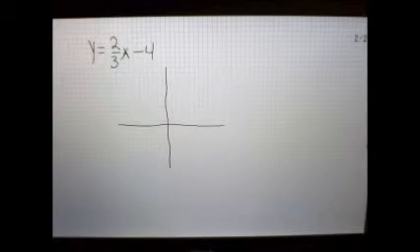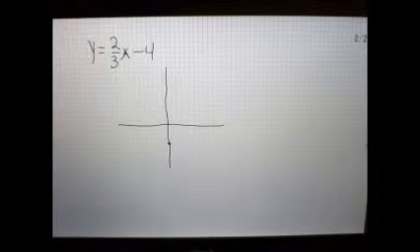The graph of the equation crosses the y-axis. We noted that it crosses the y-axis at -4, so if we go down 1, 2, 3, 4, we know that it would cross over at this point. The rise and the run are from the equation of 2/3 times x. Now it's positive 2/3, so we know that the line is going to rise to the right because the slope is 2/3 and that's positive.